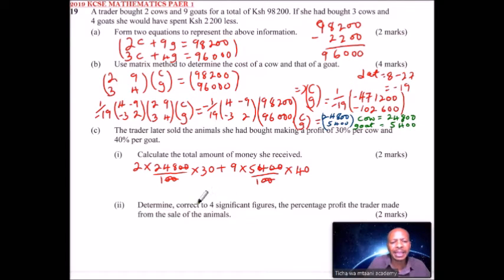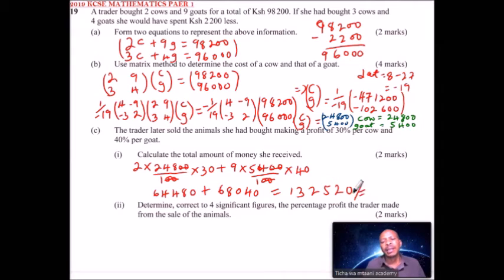Use your calculator to multiply 2 times 248 times 30, and that should give you 64,480. And the other one you get 68,040. When you add the two, using your calculator, you get 132,520. This is in Kenyan shillings. So that's how you get that.